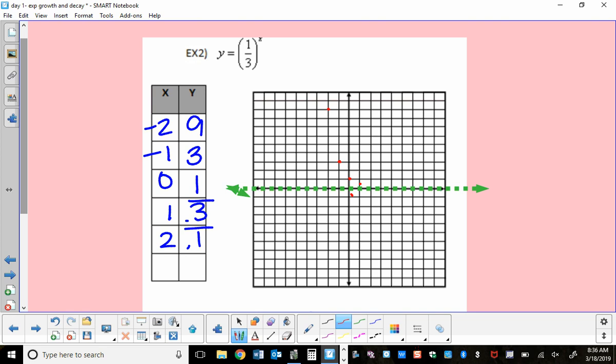For that, I'm just going to try to get really close to that 0. Doesn't have to be perfect. And I'm going to try to miss a couple points, but try to connect all your dots. It does not have to be exact. Try your best.